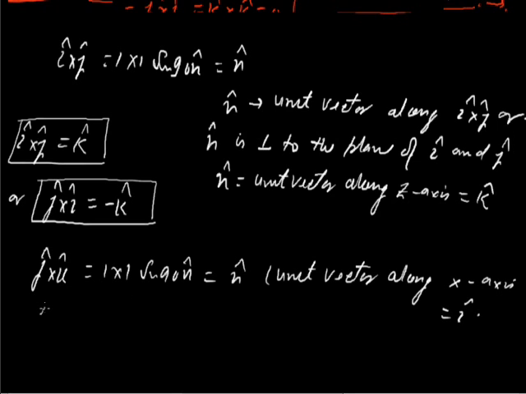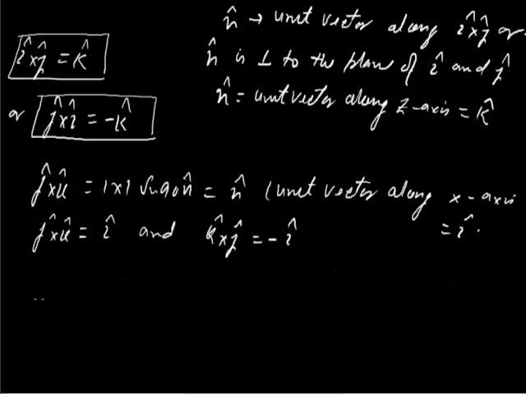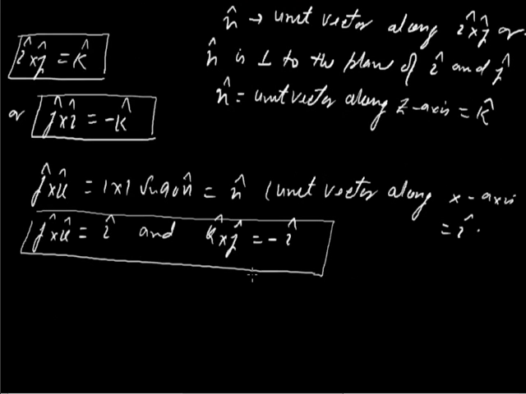So we can also write j cross k is i cap, and k cross j must be minus i cap.